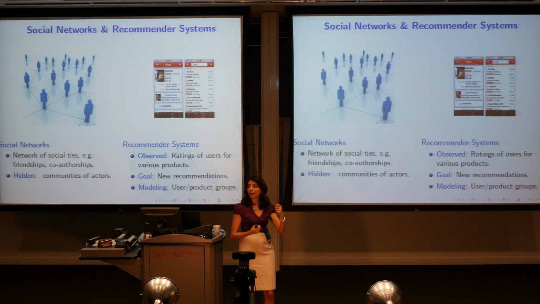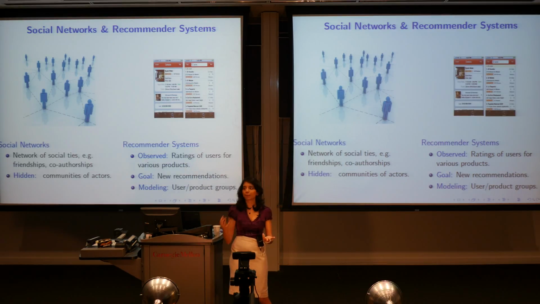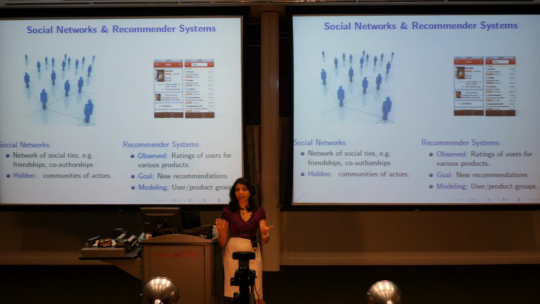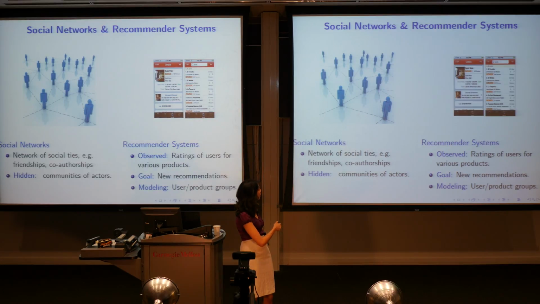And the latent variables are the choices for different users. What do they tend to like? Are they interested in books? Are they interested in games? And so on. These are the interests of users. And similarly, products have various attributes or groupings. So what are the communities of users and products that lead to these connections in the bipartite graph? It's very similar to the community setting, except that this is a bipartite model.